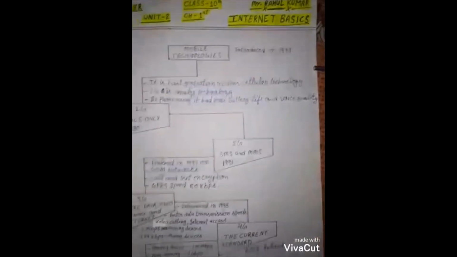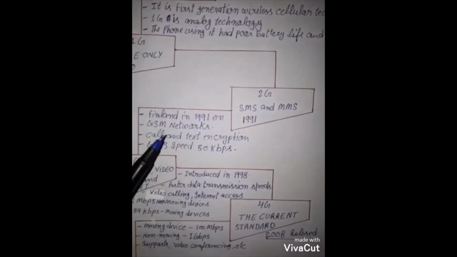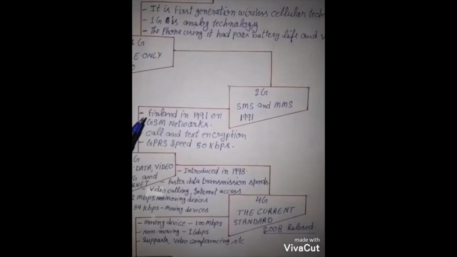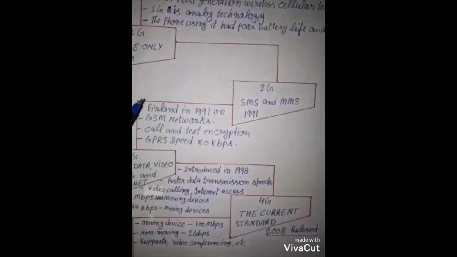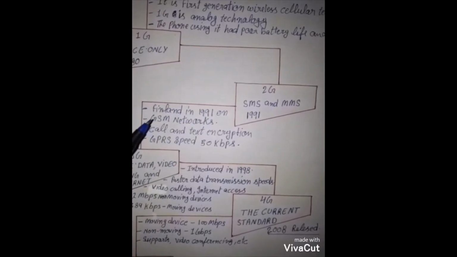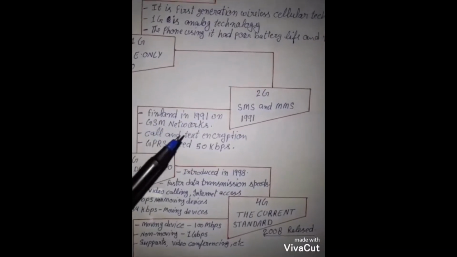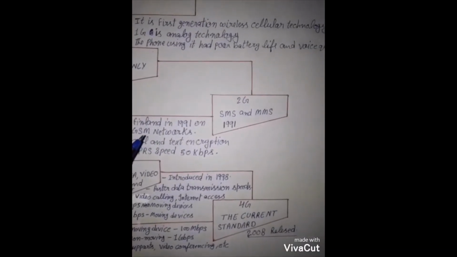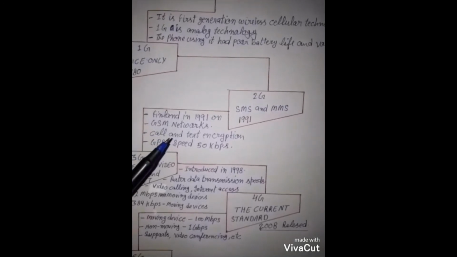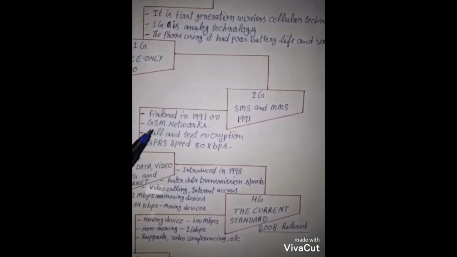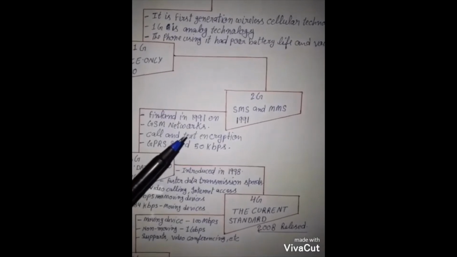So next one is second generation. This technology was launched in 1991 in Finland. It works on the GSM network. GSM stands for Global System for Mobile. It has the features of call and text encryption.